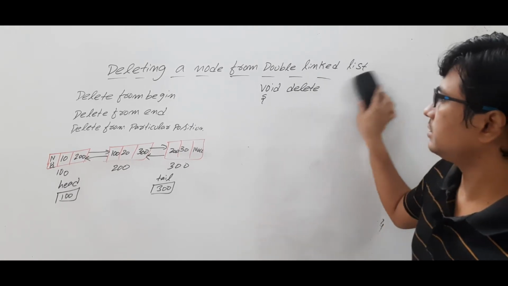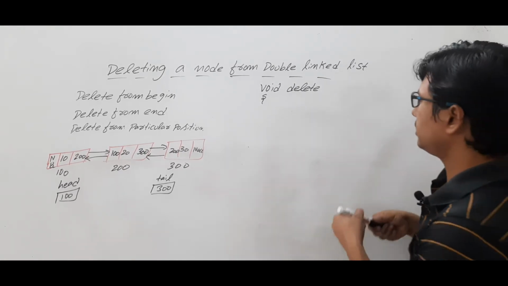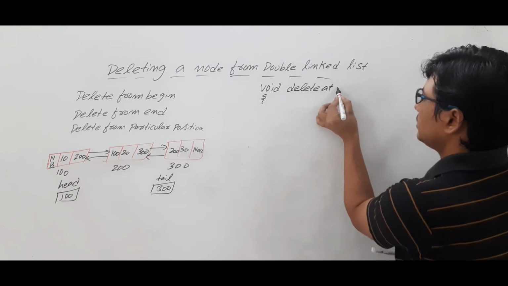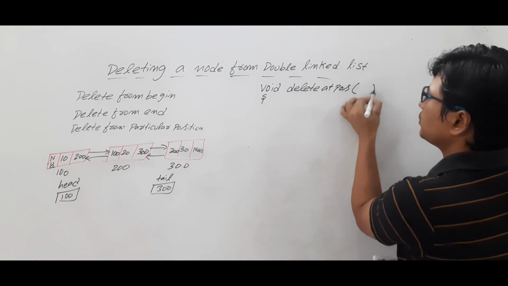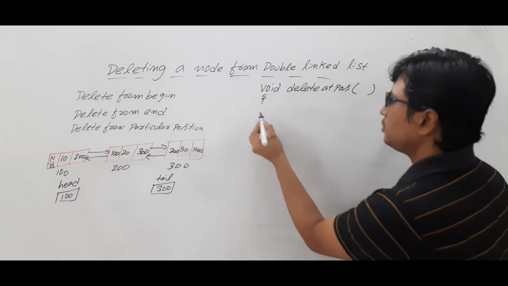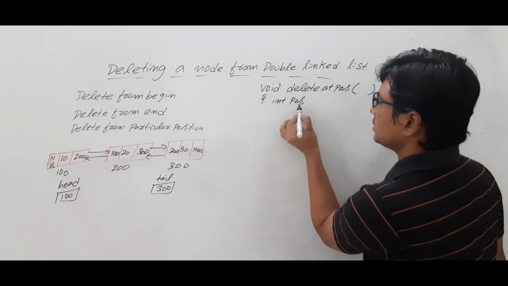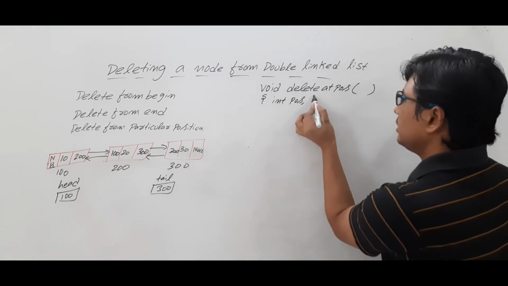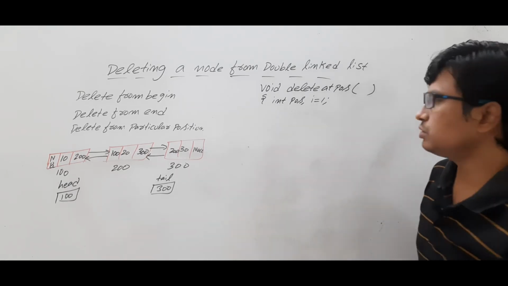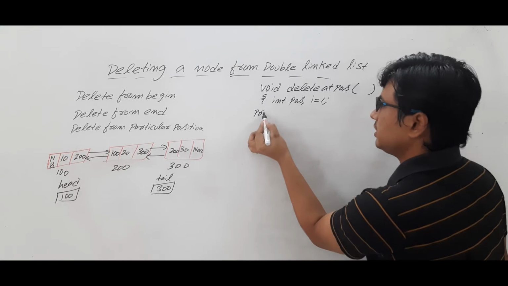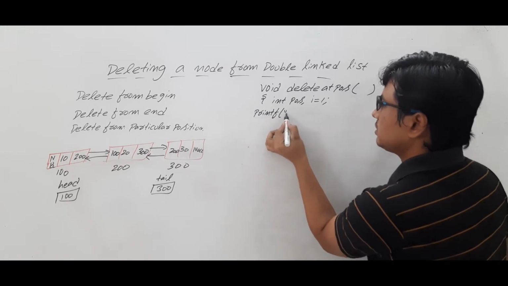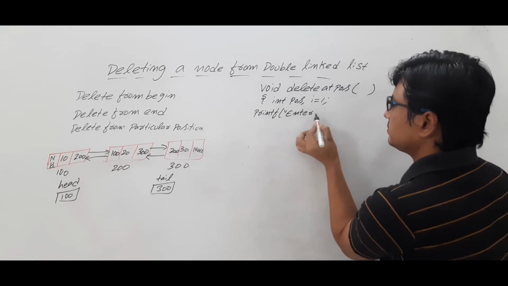Delete at a particular position, POS. Let me write it. To do that, I will declare two integer variables, POS and I. Then I will ask the user to enter the position: printf enter the position.